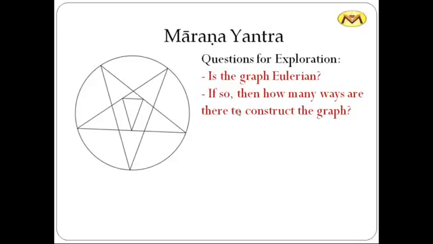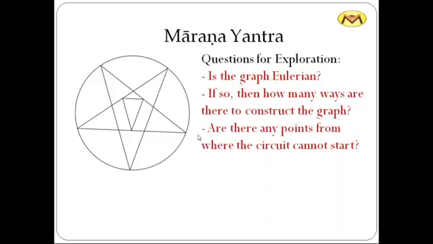If so, in how many ways can we construct this particular graph? So here 1, 2, 3, 4. The degree of this vertex is even, this vertex is even, this vertex has degree 4, this vertex 1, 2, 3, 4. Every other vertex is just like that. So this is also the same question.